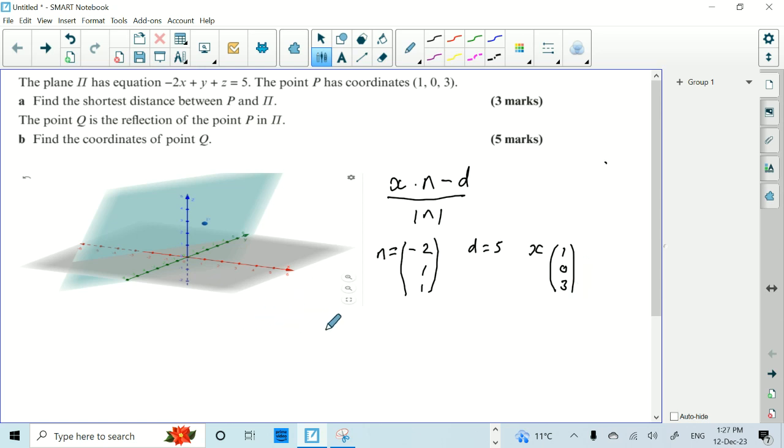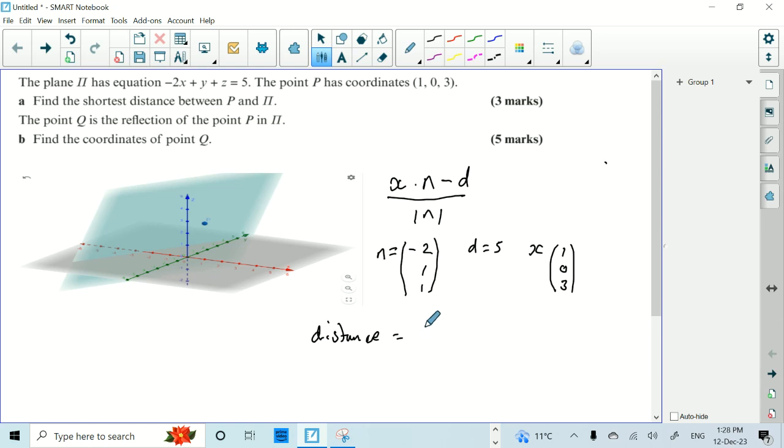Now, your distance can be calculated using, of course, the modulus of x dot n minus d.